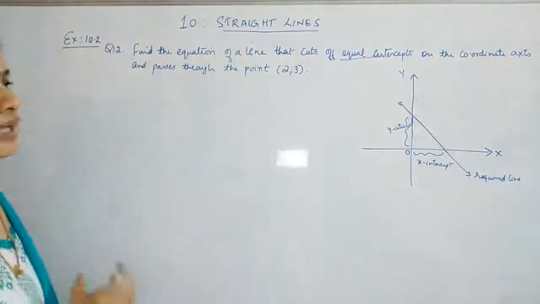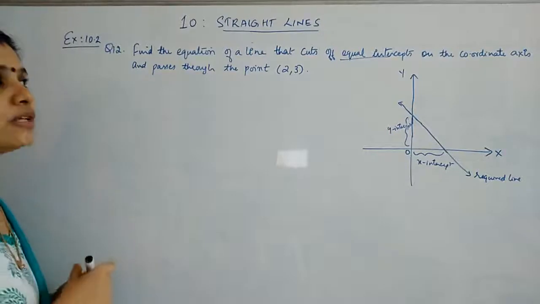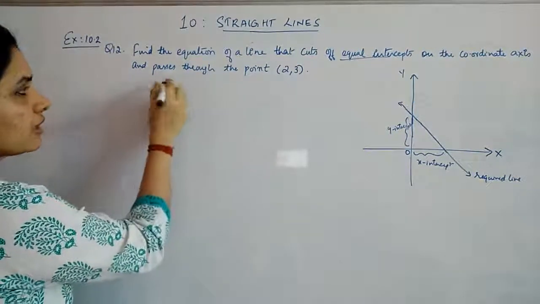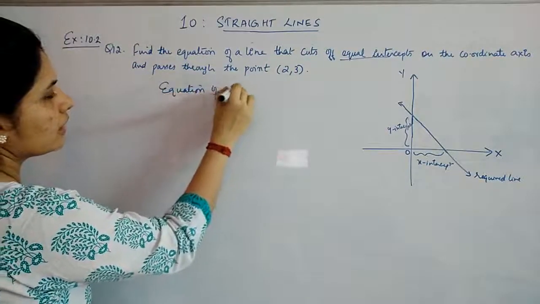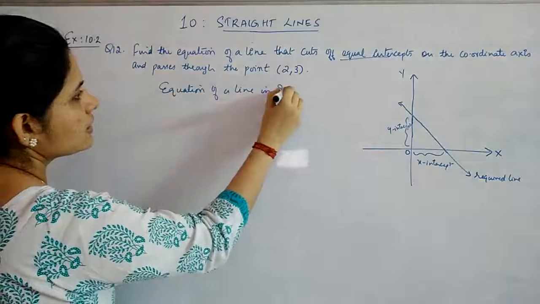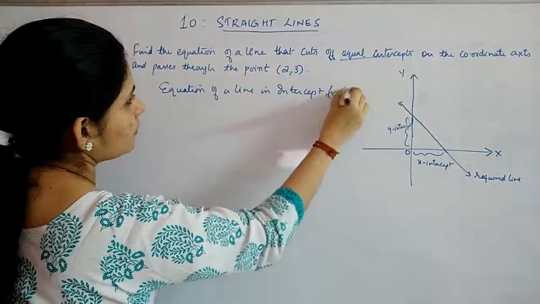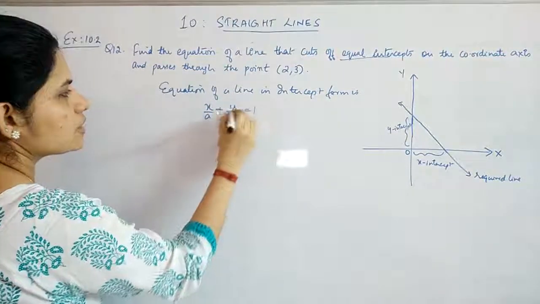So when x-intercept and y-intercept both are included, which form will you start with? You will use intercept form. The equation of a line in intercept form is x by a plus y by b equal to 1.